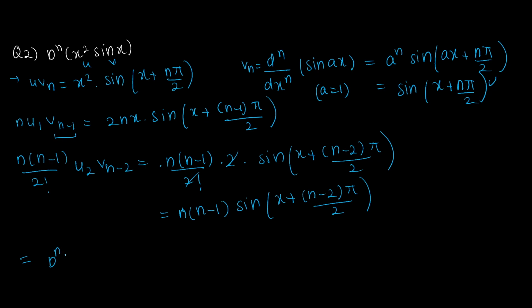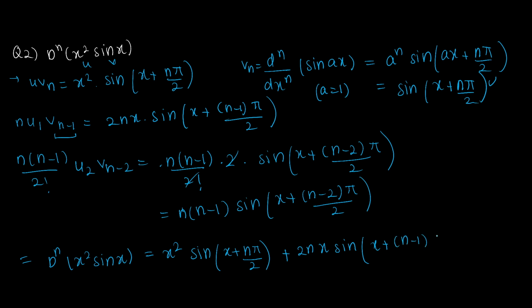Let's write down dn for x square sine x. It is given by the first term x square sine x plus n pi by 2, plus the next term, which is 2nx sine x plus n minus 1 pi by 2, and the third term is n times n minus 1 sine x plus n minus 2 pi by 2.